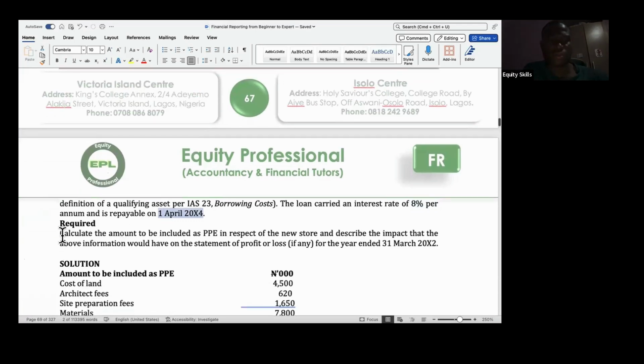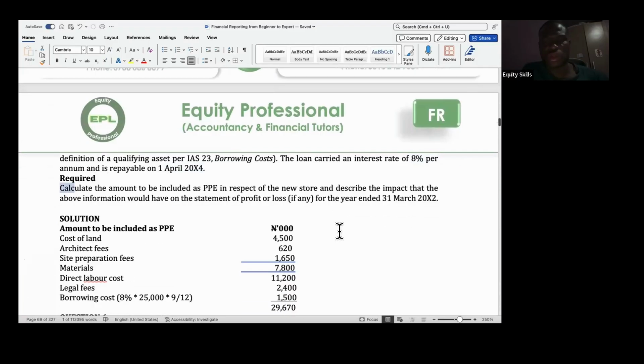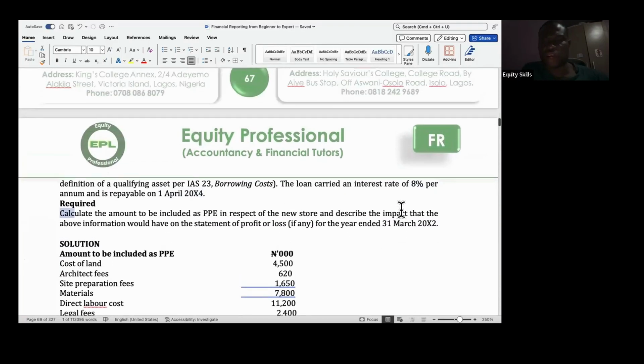Required: calculate the amount to be included as PPE in respect of the new store and describe the impacts that the above information would have on the statement of profit or loss, if any, for the year ended 1st March 2002.